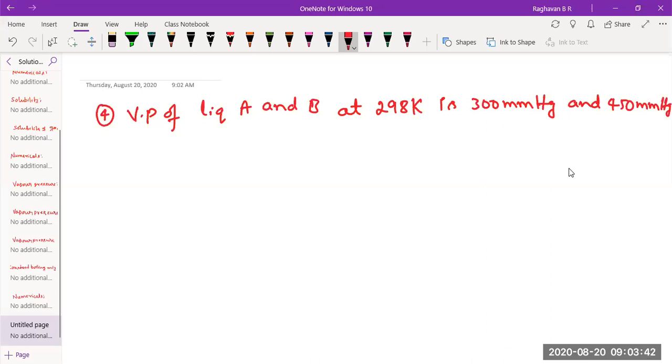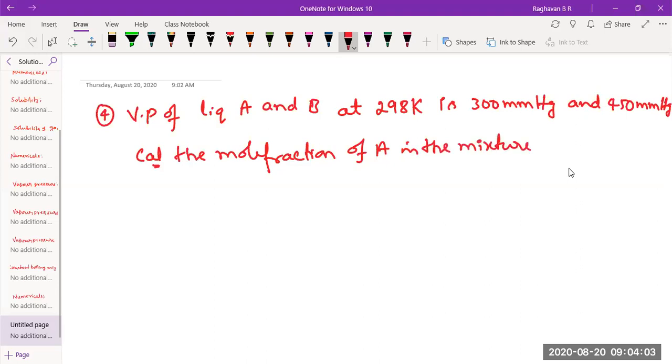Calculate the mole fraction of A in the mixture if total pressure is 400 millimeter.